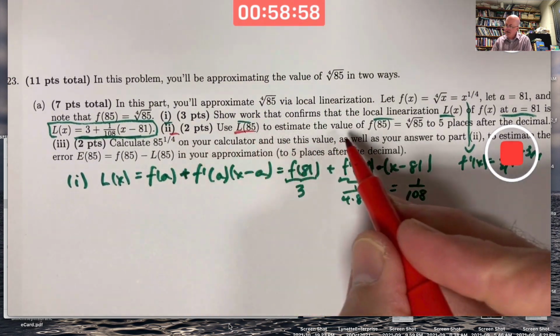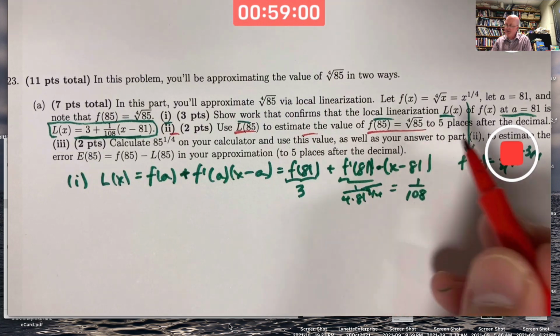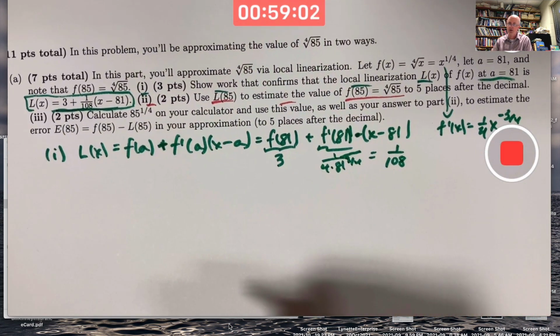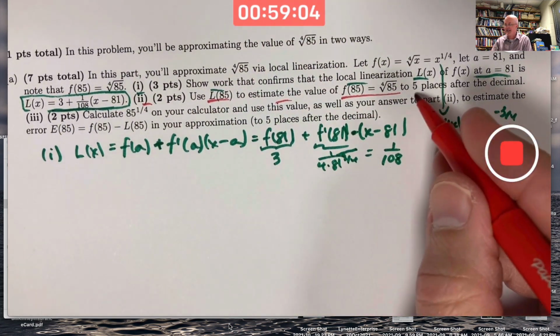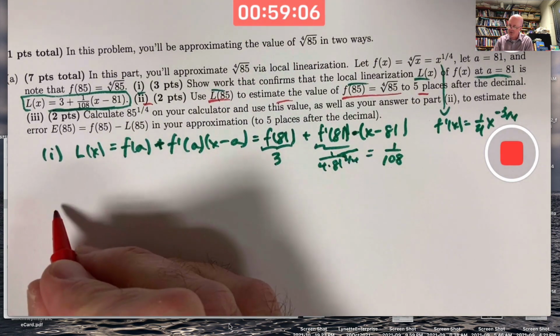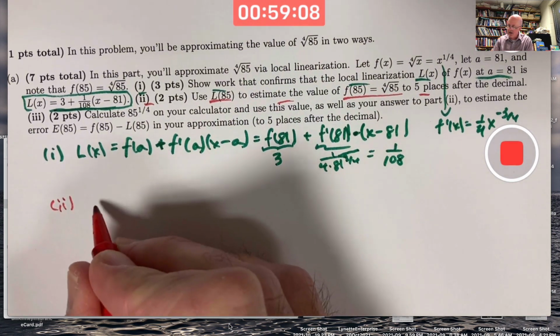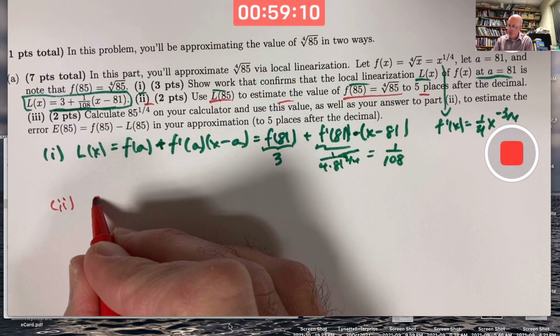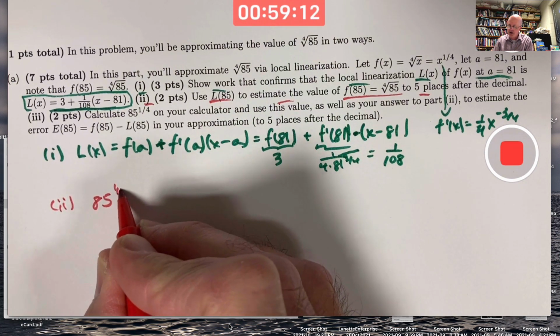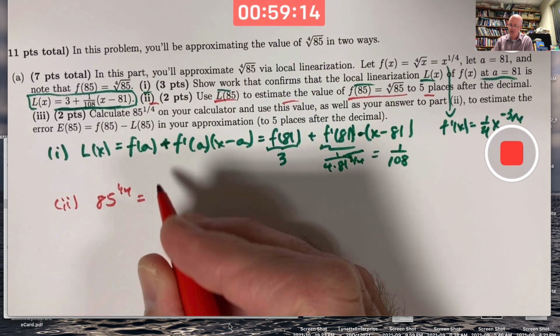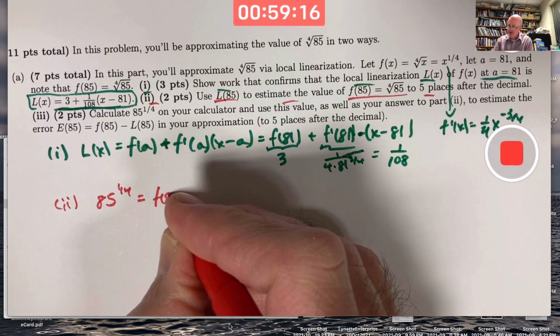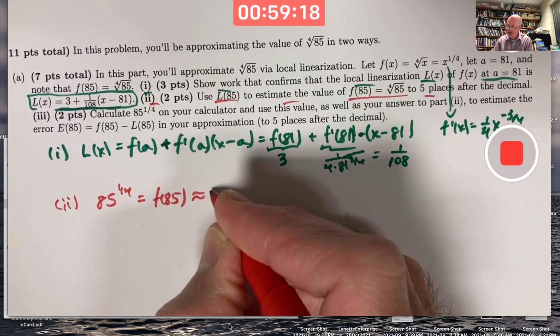Part 2, use L of 85 to estimate f of 85, which is the fourth root of 85, to 5 places after the decimal. That's probably too many significant digits. I don't know why I did it that way. But anyway, fourth root of 85, because f of x is the fourth root of x, is f of 85. That's approximated by L of 85.